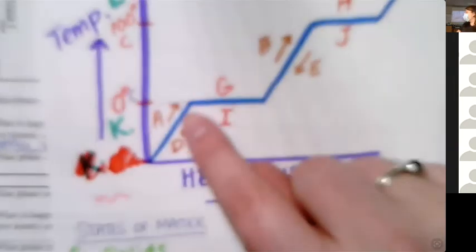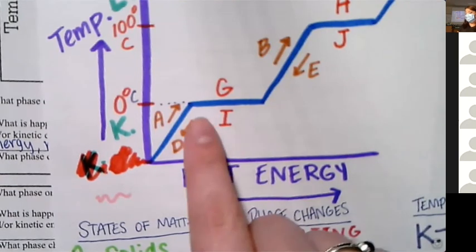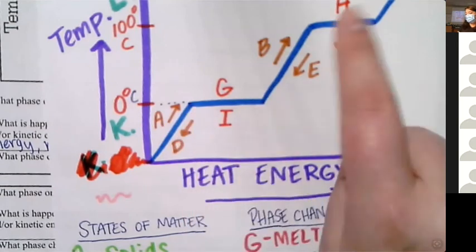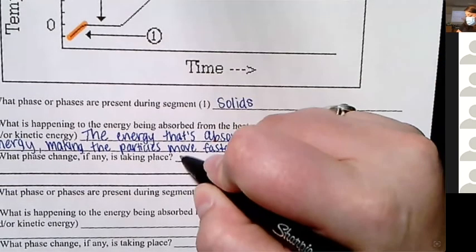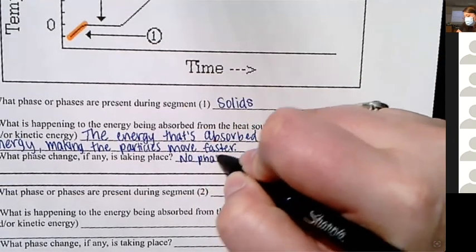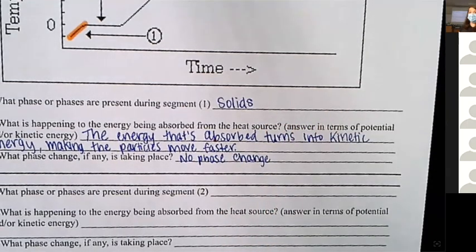So if we're talking about this line right here, is there a phase change happening? No. The phase changes happen on the flat lines. So for C, what phase change, if any, is taking place? No phase change.